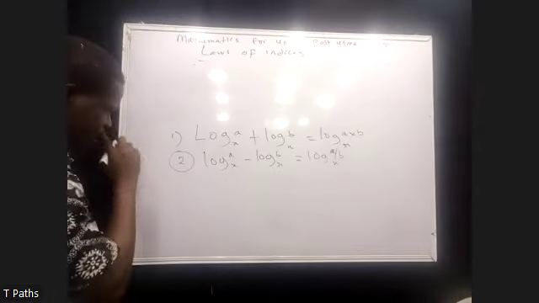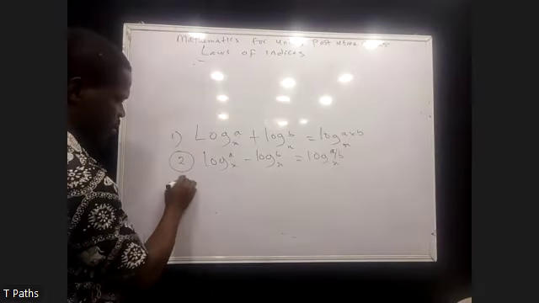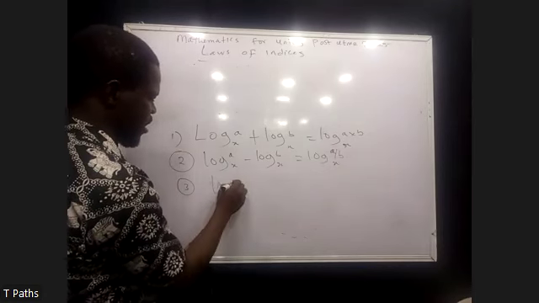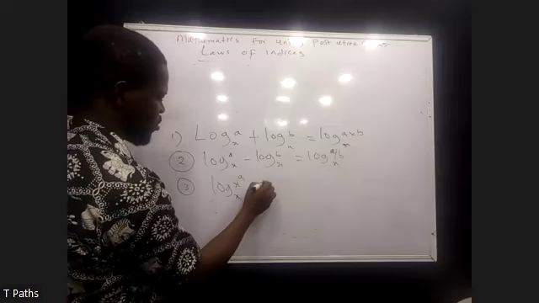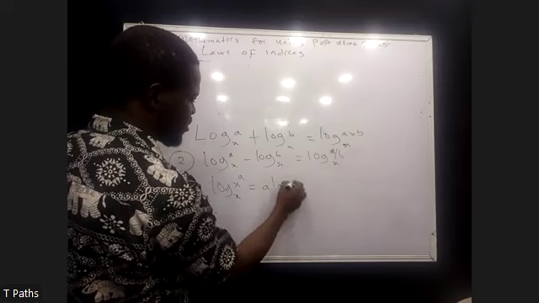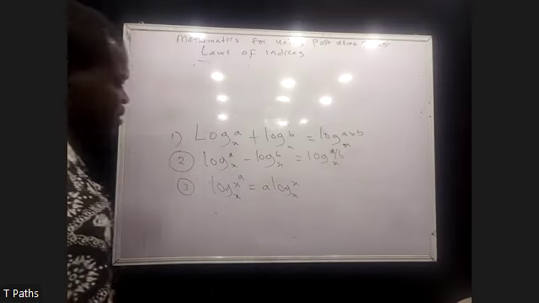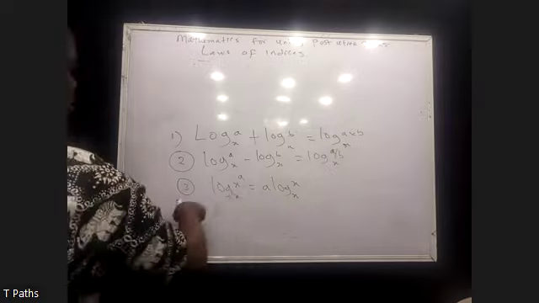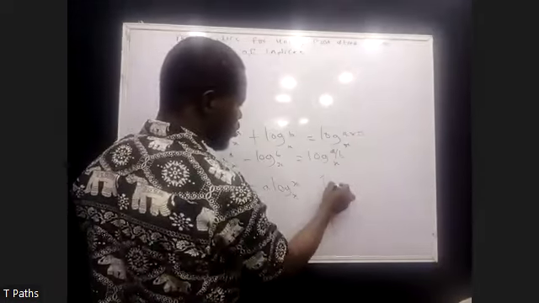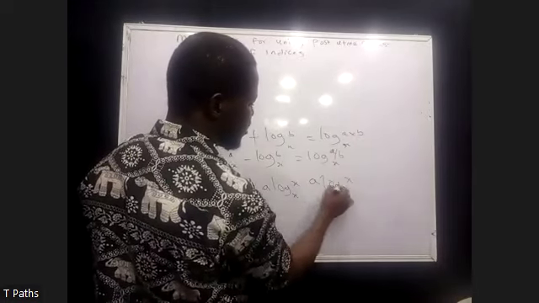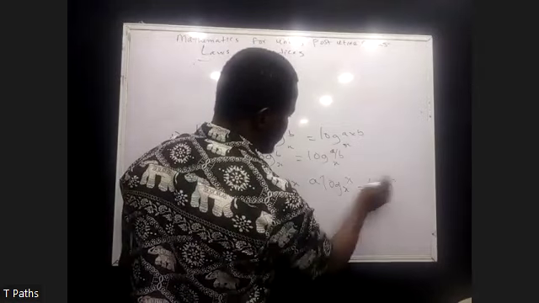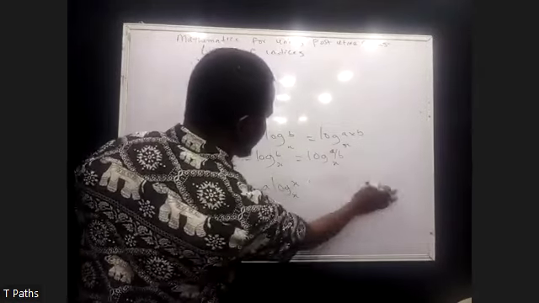Then there is one that says log X A equals A log X. Likewise, same thing. This is also this. Like, if I write log X A, the next thing can be log X, something like that.